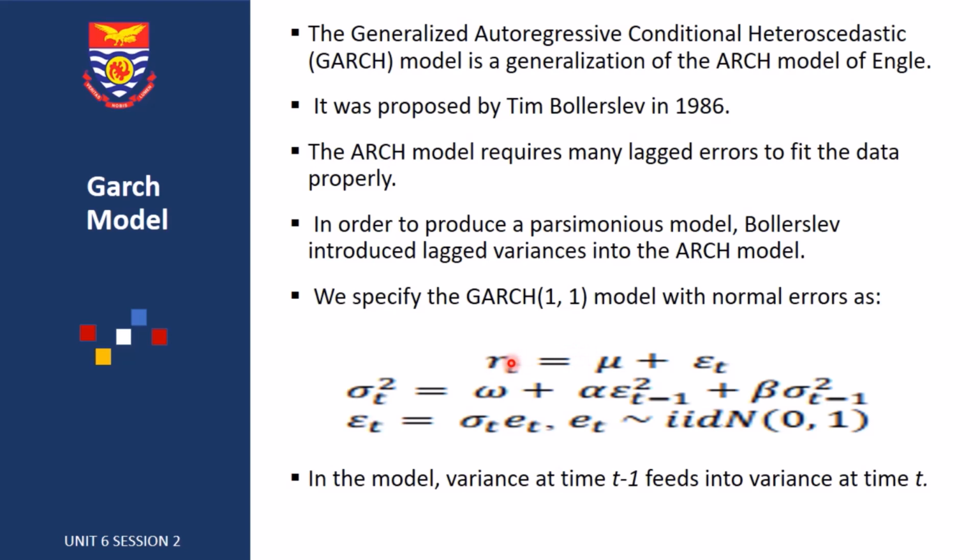Similar to the ARCH model, we have our return series equal to the mean mu plus the error term epsilon t, and the variance is measured as a constant parameter plus alpha multiplied by the previous value of the squared error term, plus a parameter beta multiplied by the previous variance. So this is the constant parameter, this is the ARCH term, and this is the GARCH term.